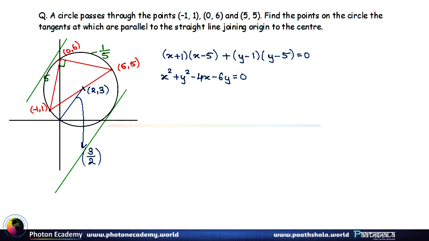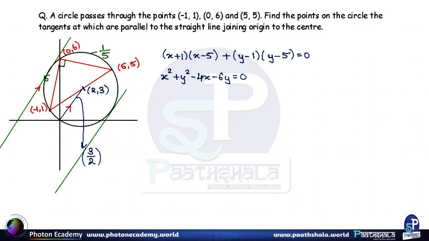So there will be something like this. So this is parallel to this and this is parallel to this, and we have to find out this point and this point.